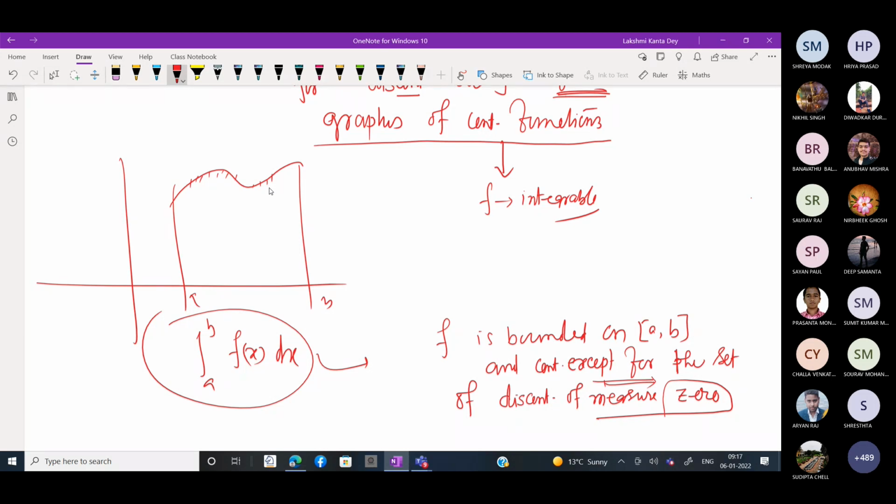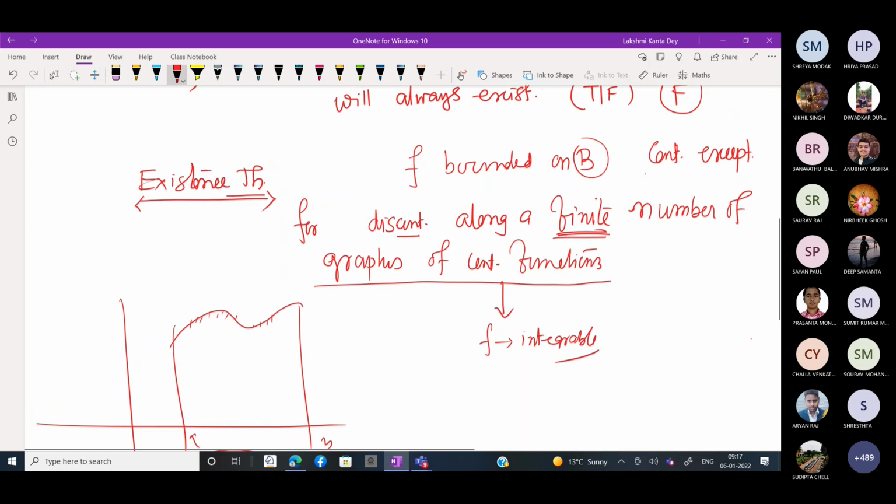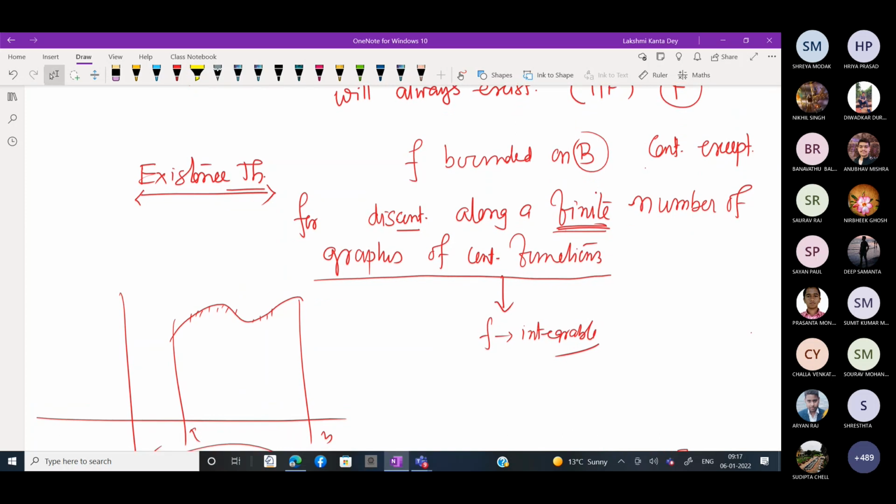In a similar way, in case of double integration also, we can think that if you see certain volume elements, maybe a rectangular parallelepiped, this is a very ideal situation. But suppose we would like to calculate the volume of this region, and there is certain discontinuity at some graphs of continuous functions.